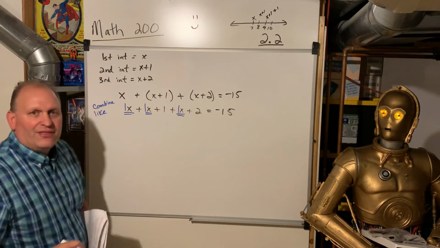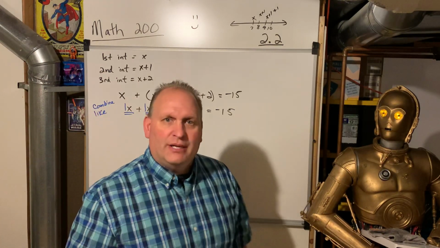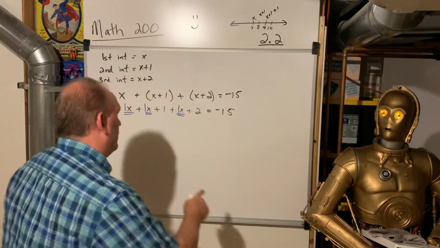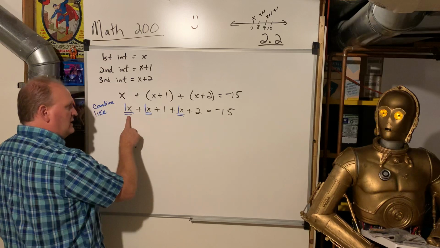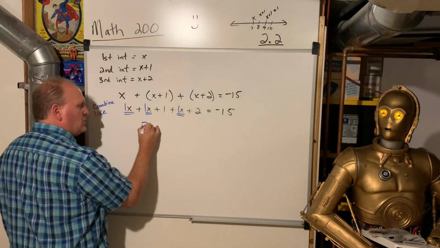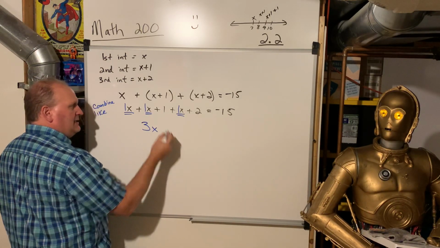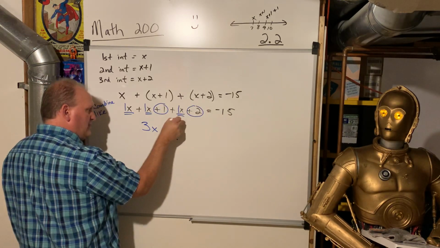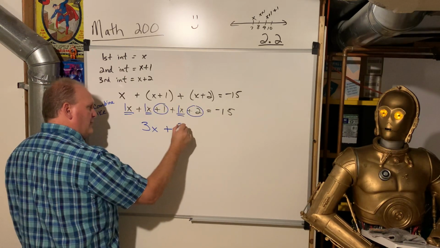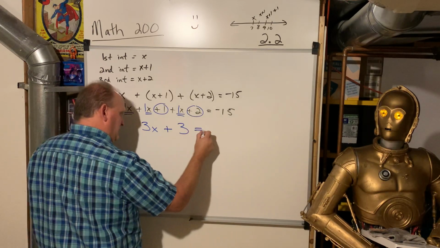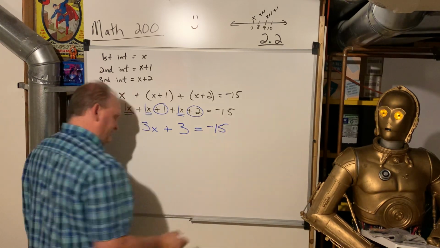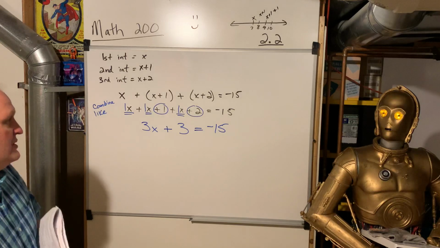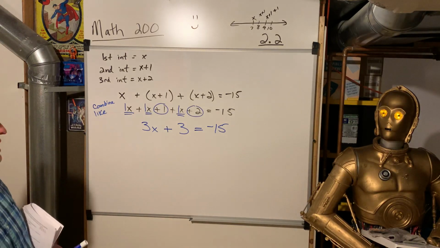We're lazy in math. We don't write the 1 down, but it's there. So 1 plus 1 plus 1 is 3x, and then plus 1 and plus 2 combine to plus 3. That equals negative 15. Now we're ready to solve the equation.